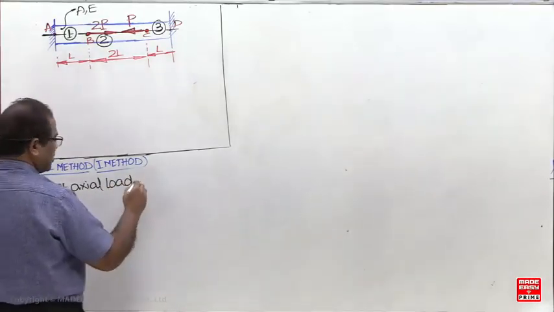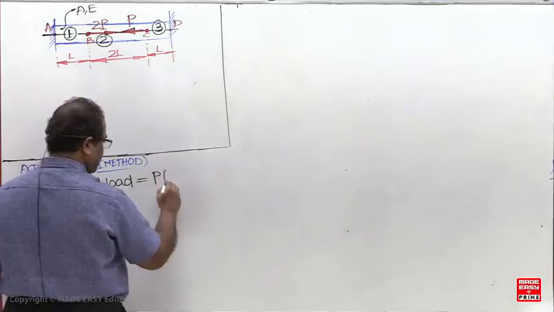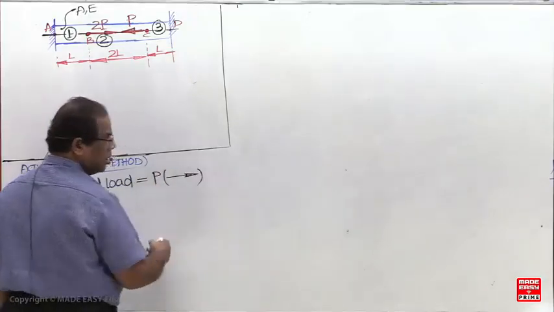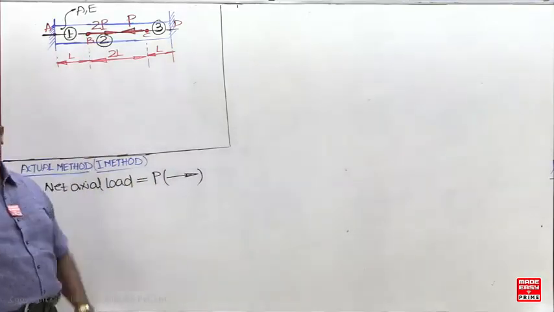What is the net axial load on the bar? P towards right side.